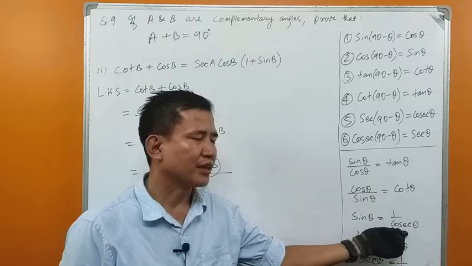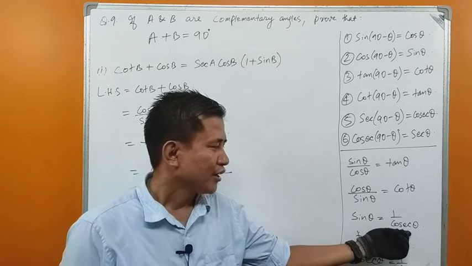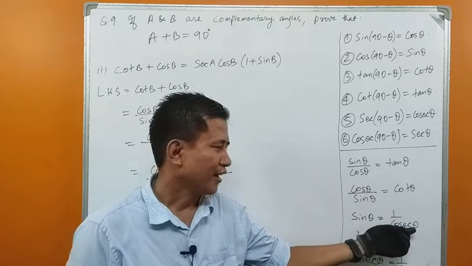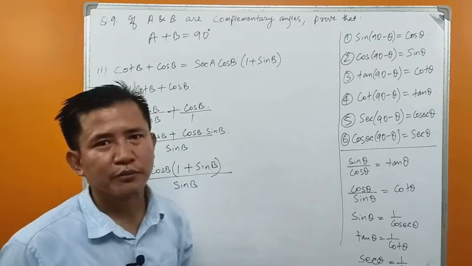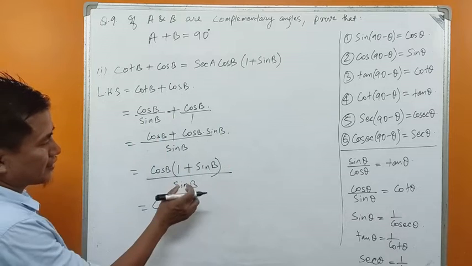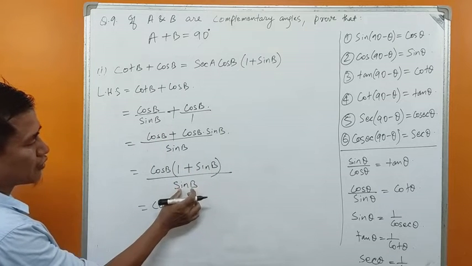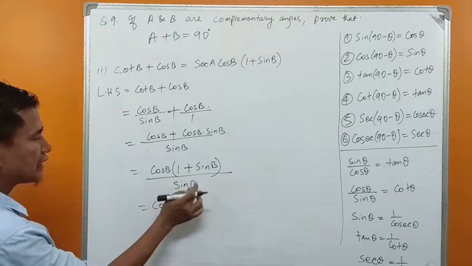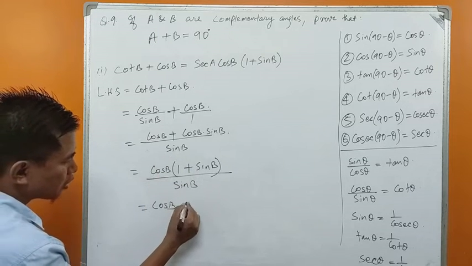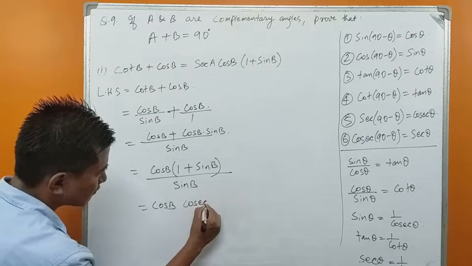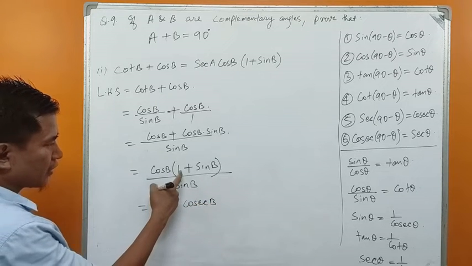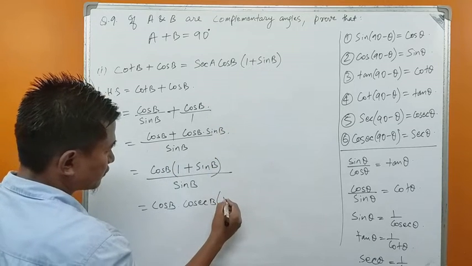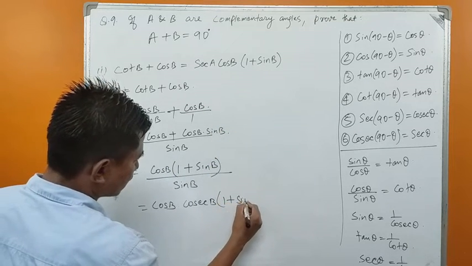So this sin b, which is in the denominator, if I take it to the numerator, becomes cosec b. And 1 plus sin b is already there. We need this 1 plus sin b, so we should not change this.